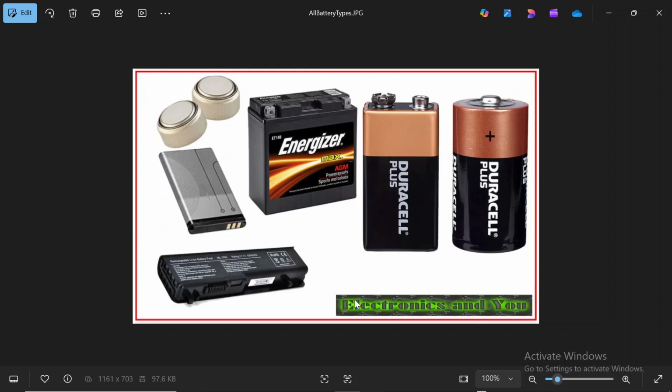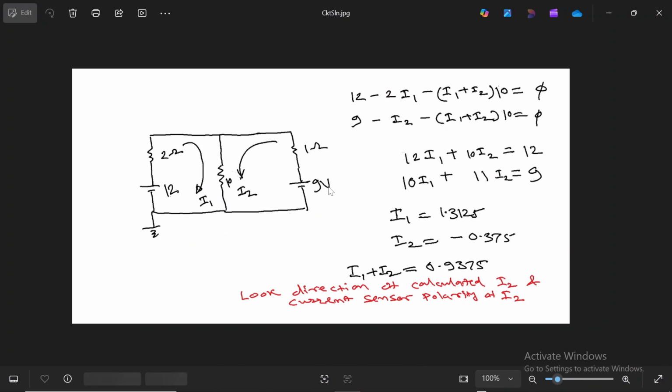Without internal resistance there is no battery. So we will revise our model to this. Now it will be a correct model.